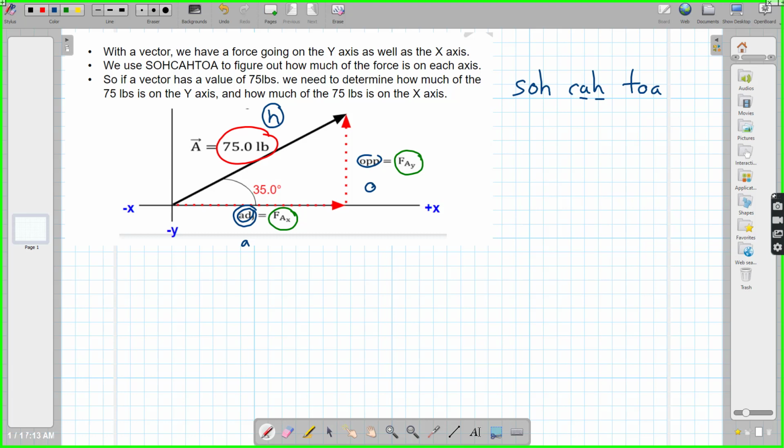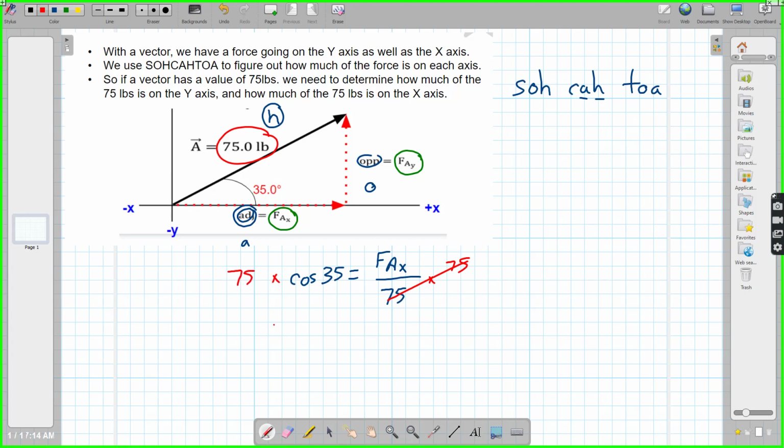So we know that the cosine of 35 degrees equals, remember it's A, so adjacent, so FAX over hypotenuse, which they give us is 75. So we're trying to get that FAX by itself. We'll take this times 75, and that's going to cancel, and this will go times 75.